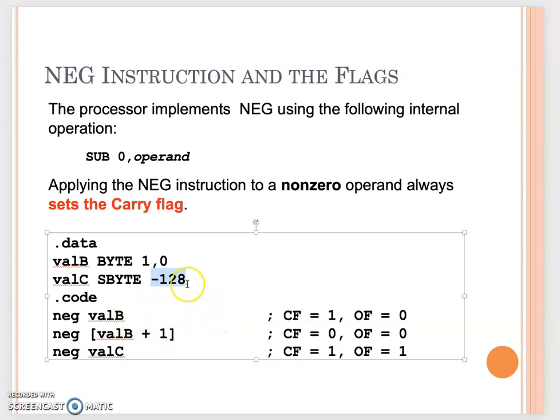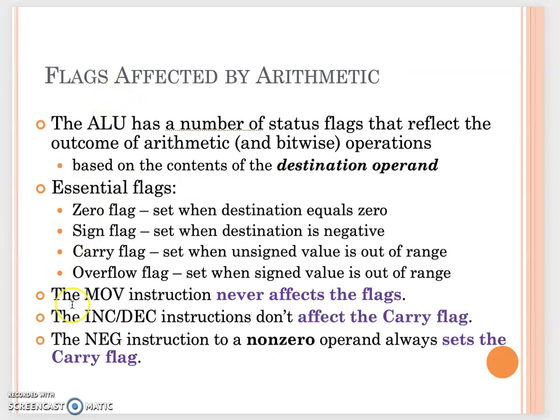So if you have positive 128, it overflows, so actually it becomes 0. So that's the NEG instruction, how it affects our flags. Here, just remember that it's a special instruction in how it affects specific flags. Later, we will talk about the ADD and SUB instructions, and how they affect each flag.